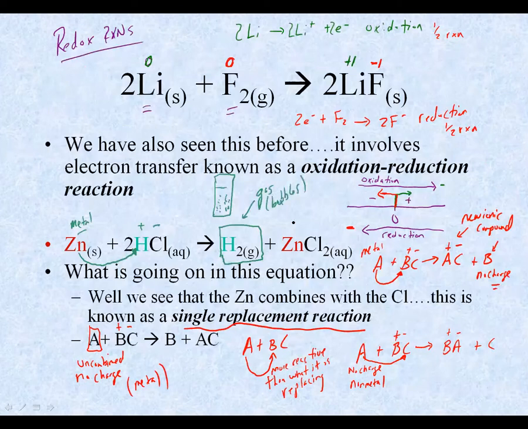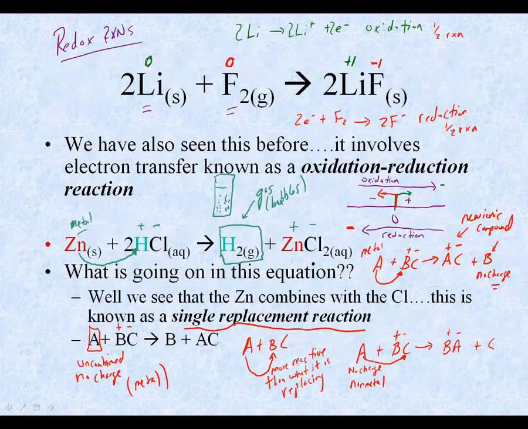And then what we make over here on the other side is a new ionic compound, and that's the combination of the zinc that's coming in, which has now gained a charge, and the Cl minus, which is negatively charged. That would come together and make zinc chloride.